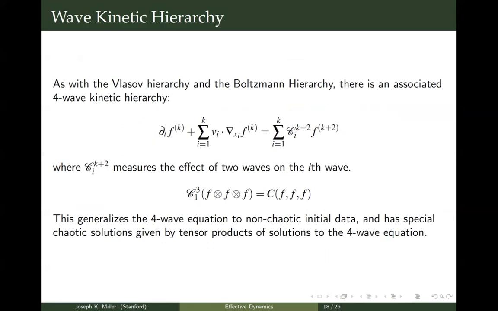So my f of k is dependent on f of k plus 2, because I'm adding 2 waves each time. And so again, it's transport, and then I'm averaging the contributions of what happens when I add in 2 new waves. And again, if I look at tensor products, it behaves nicely and agrees with the equation. So by considering hierarchies like this, we're considering generalizations of the 4-wave equation to non-chaotic initial data. So things that do not look like IID initial data.